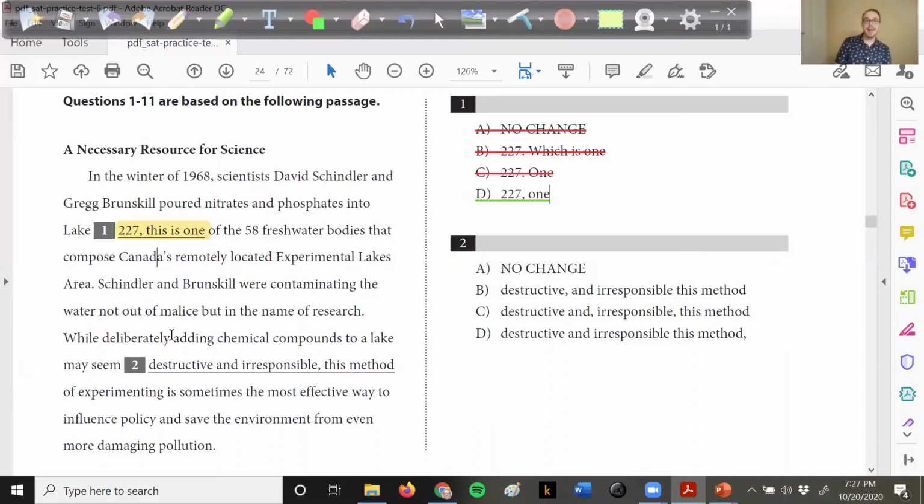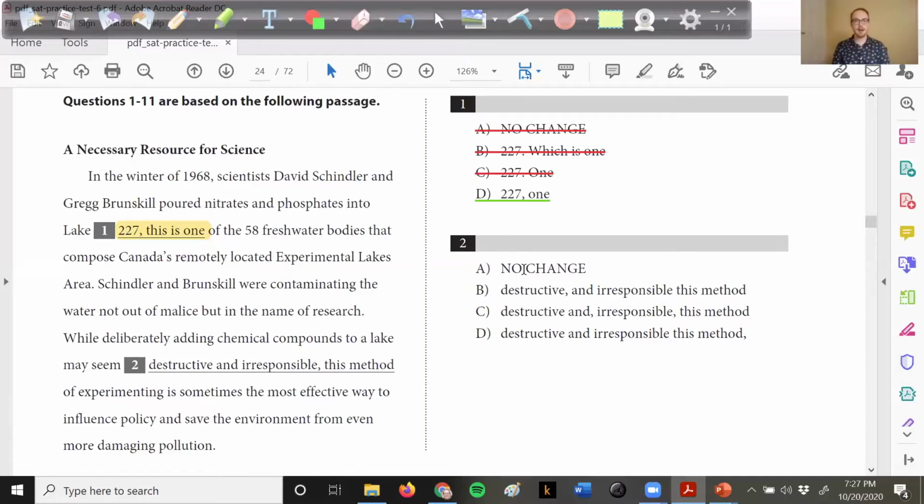While deliberately adding chemical compounds to a lake may seem destructive and irresponsible, this method of experimenting is sometimes the most effective way to influence policy and save the environment from even more damaging pollution. Okay, so now we look at the options on the right to see what I'm being tested on.